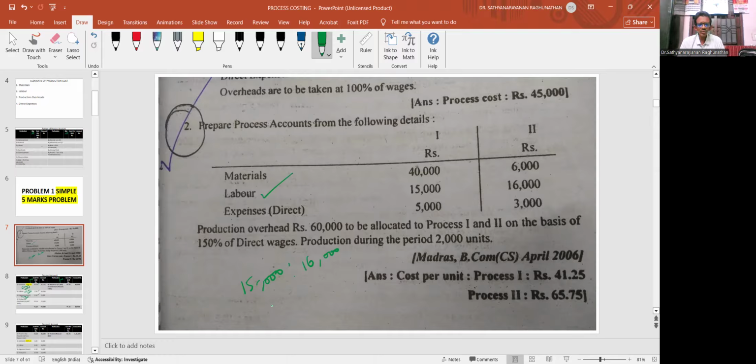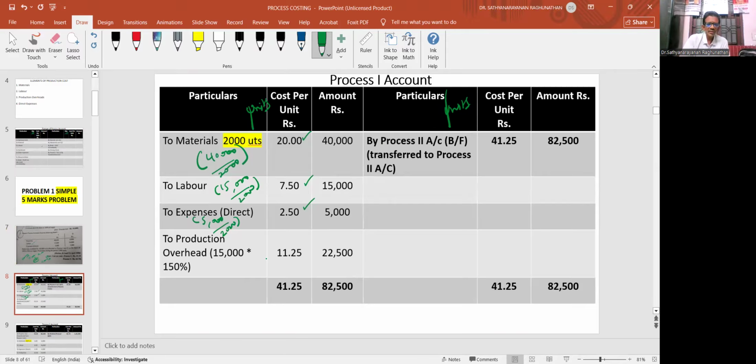First we are working out only for process 1. 150% of the direct wages means 15,000 into 150 divided by 100, that is 22,500.